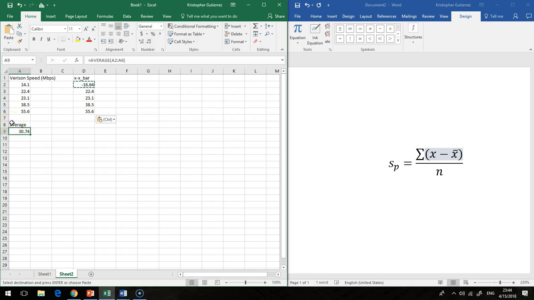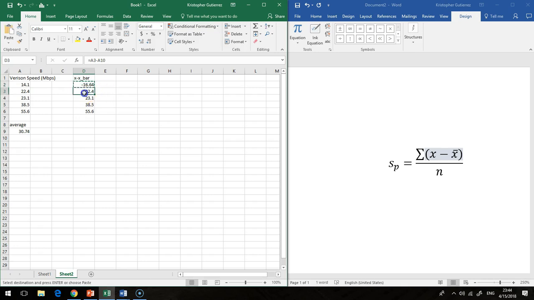And so one of the ways that you can tell Excel that you do not want to go down or up, you want to keep that particular row, is that, let me go here. I will go up here, and instead of A2 minus A9, I'll say A2 minus $A$9. Now, the dollar says I want to keep that 9 and 9. So I'm going to go ahead and copy that.